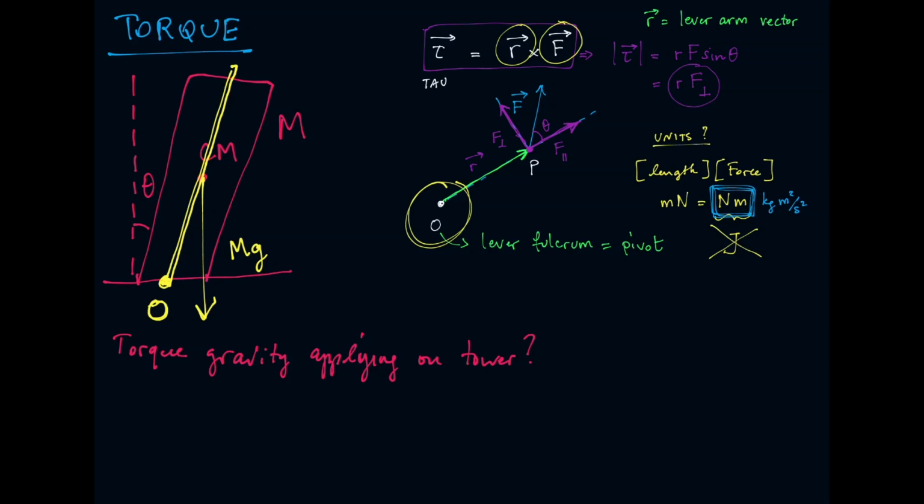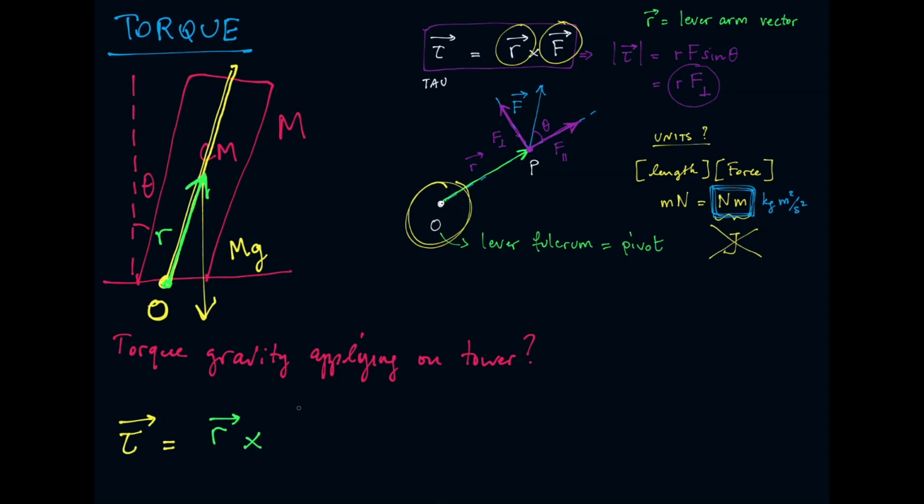So it's important to specify the point. Well, in this case, it's pretty straightforward to calculate that the torque is equal to the vector r, which in this case is the vector joining the lever arm. So this is the vector r.